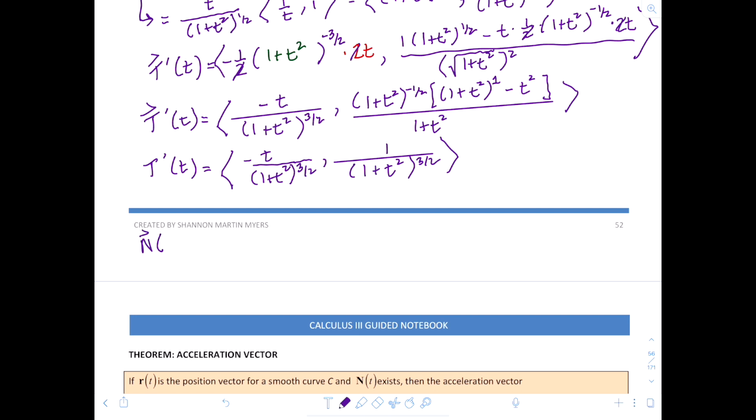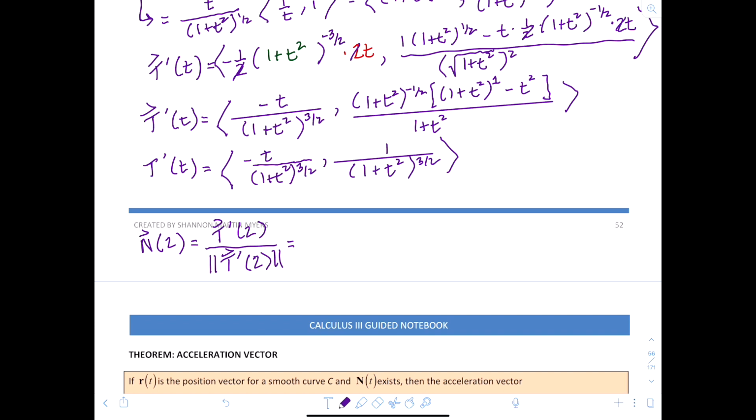N at 2 is going to be T prime at 2 over the magnitude of T prime at 2, right? So, what was T prime at 2?